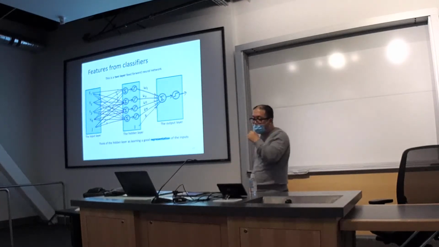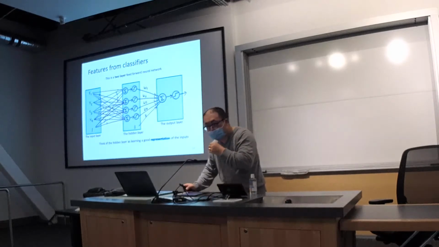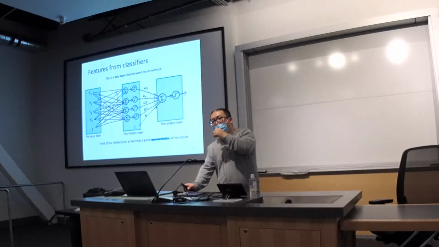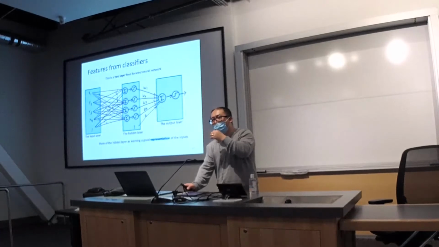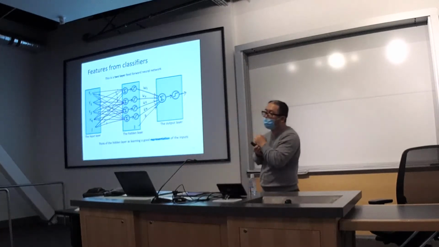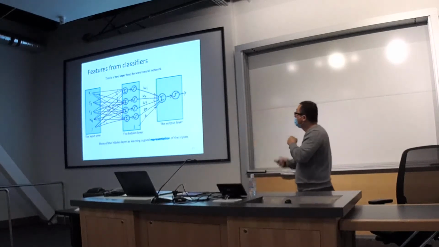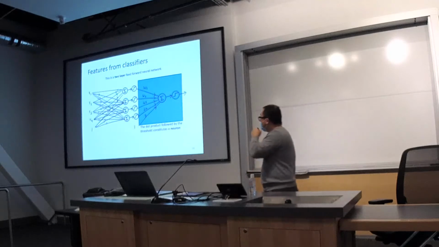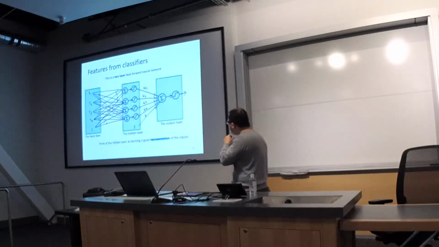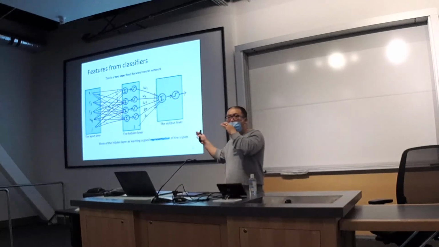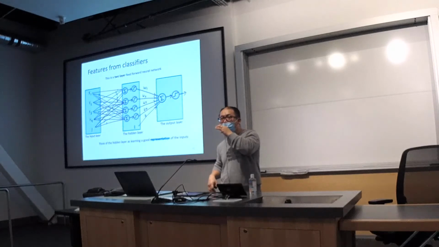So some people in the kernel learning community view neural networks as a particular type of feature mapping. But neural network people don't like to be viewed as a special instance of kernel learning. But there are some connections.